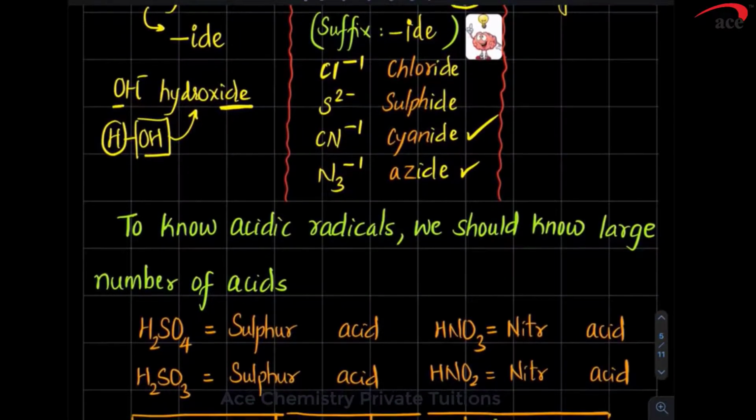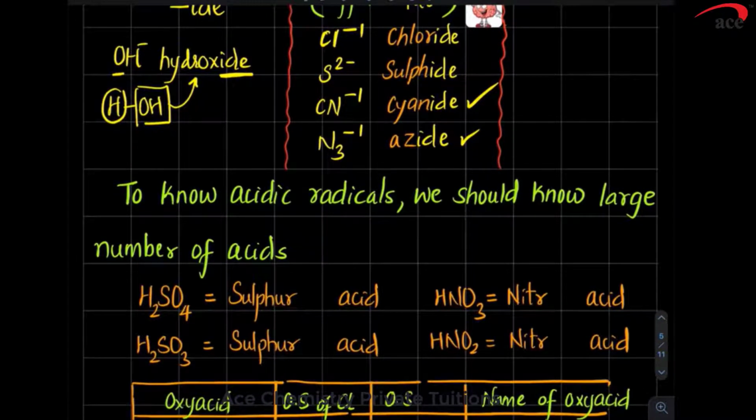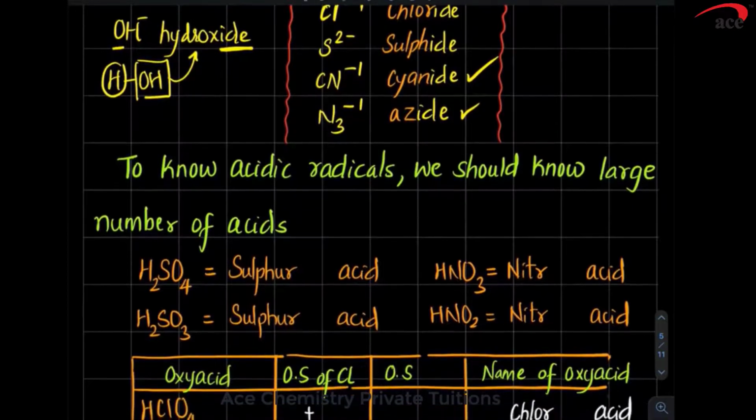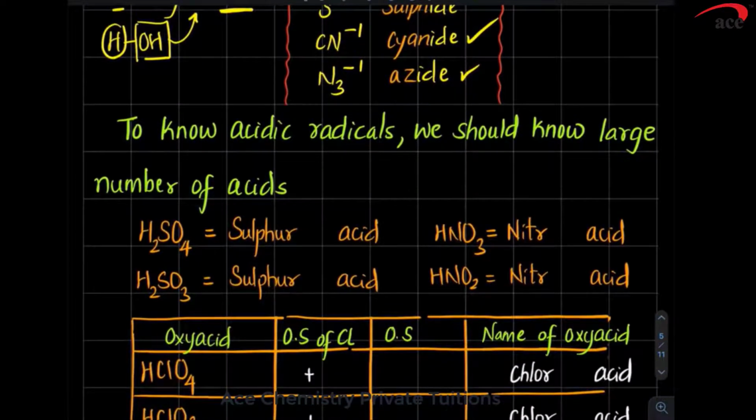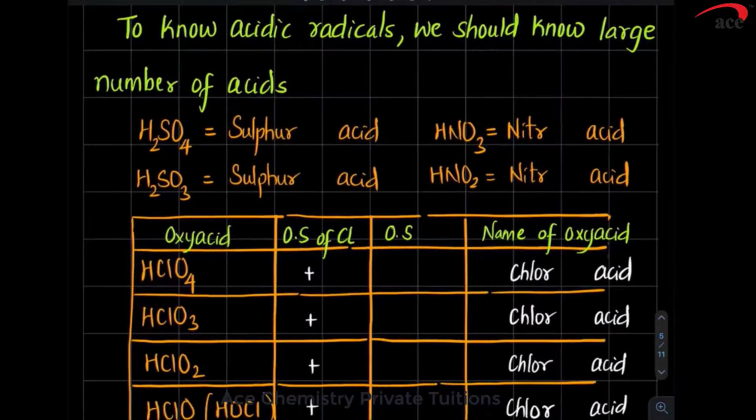If you really want to remember many acidic radicals, then you should know a large number of acids. Now, are you aware what this acid is called? Yes, sulfuric acid. How to remember? And this is sulfurous acid.